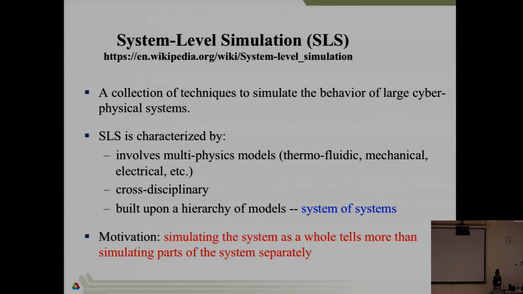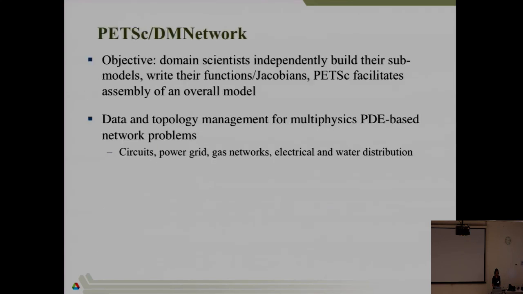That's the goal. So here the main motivation is that simulating the system as a whole can tell much more information, and particularly help to make a decision, right, for design. So the objective of DMNetwork for this class is to have a domain scientist independently build their own model.